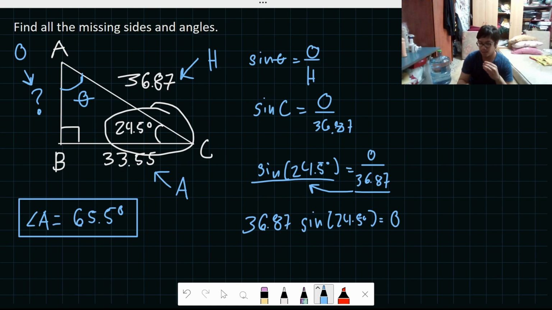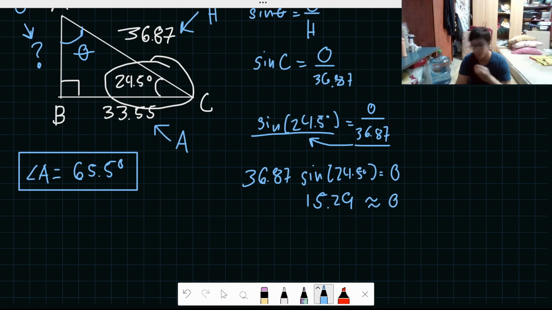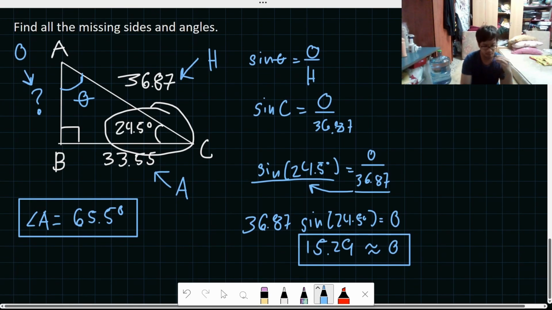So here we have 36.87 times sine of 24.5. Yes. So here at two decimal places, our answer would be 15.29. That is our opposite, right? And that is our answer. Okay, you can try using tangent theta.